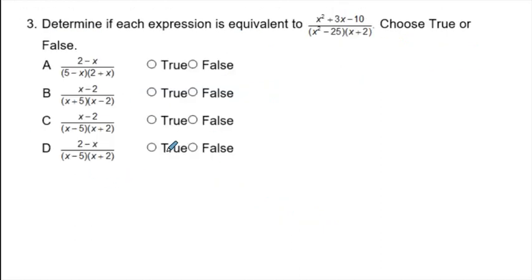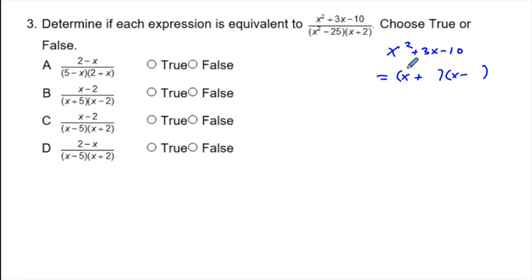Next, 3. Determine if each expression is equivalent to x squared plus 3x minus 10 over x squared minus 25 times... So we're going to factor everything we can. So our numerator, x squared plus 3x minus 10, we can rewrite in factored form as quantity x plus, minus.